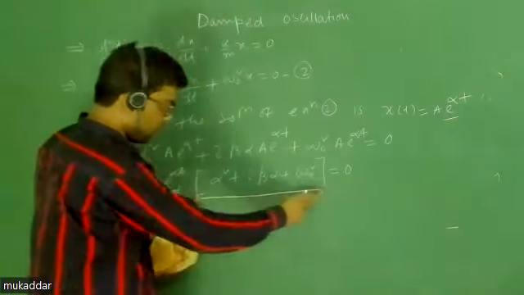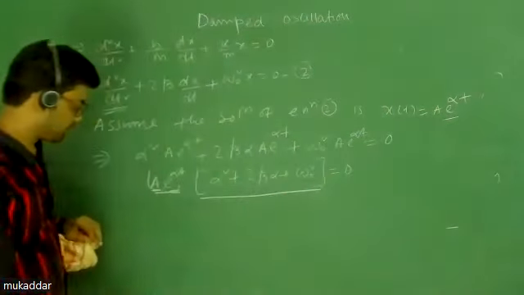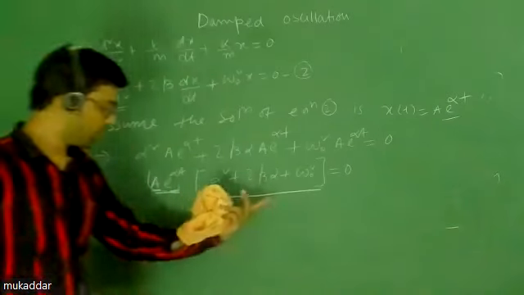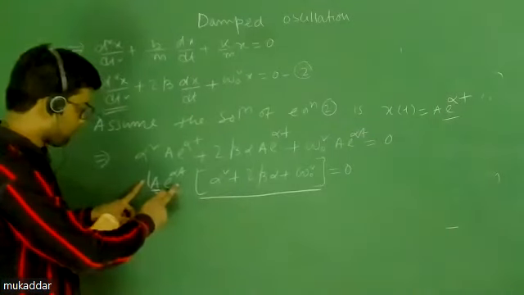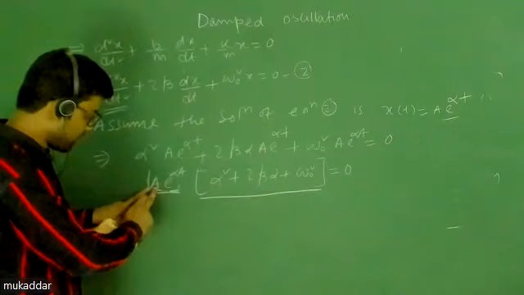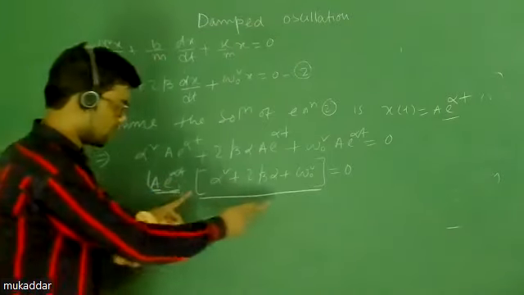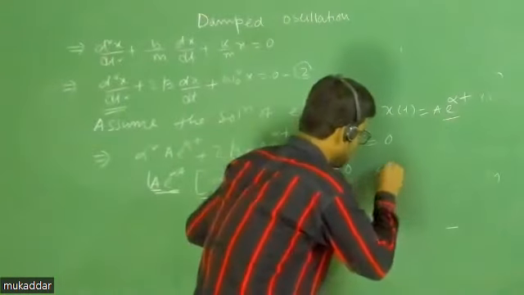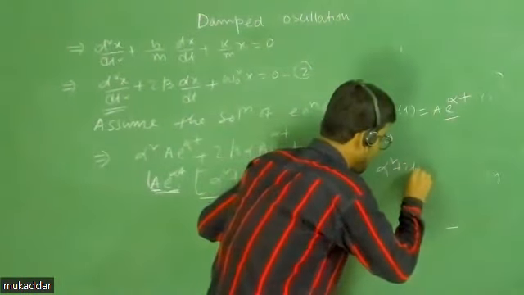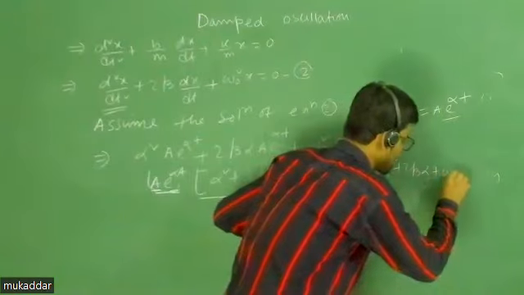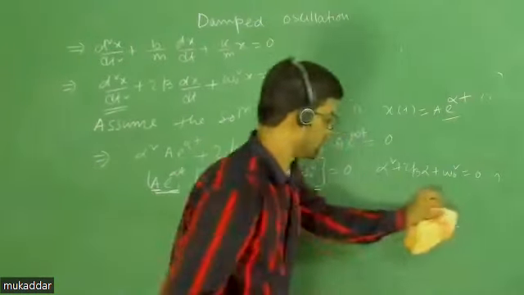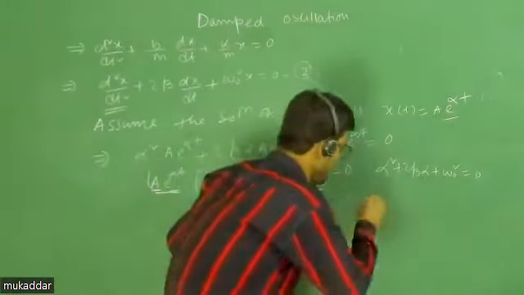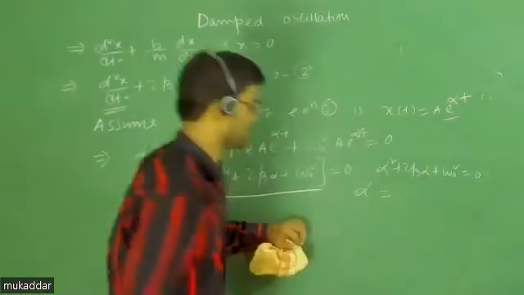So we get alpha square plus twice beta alpha plus omega naught square equals 0. So it is a quadratic equation, right? Now we can find the roots. So alpha will be how much?